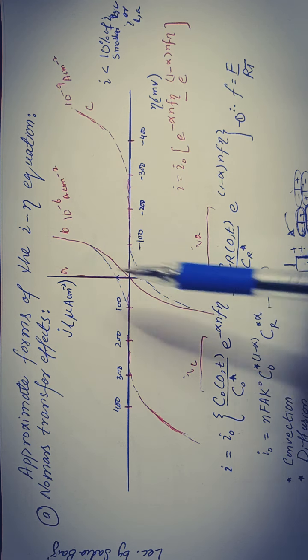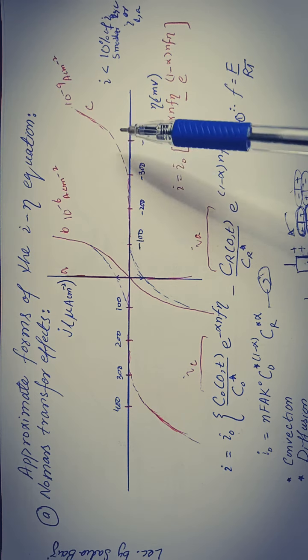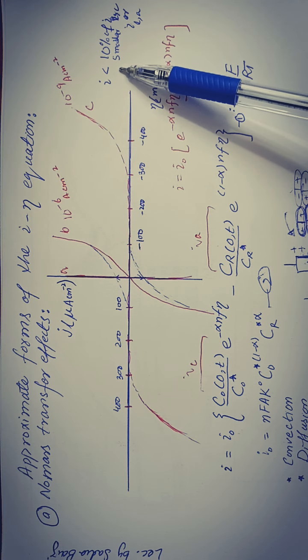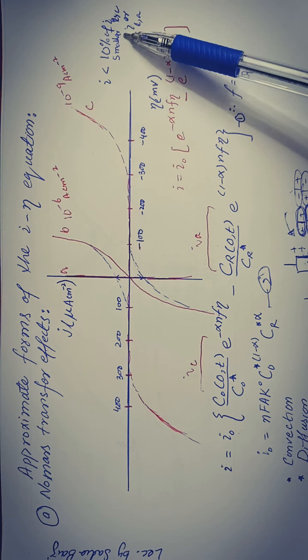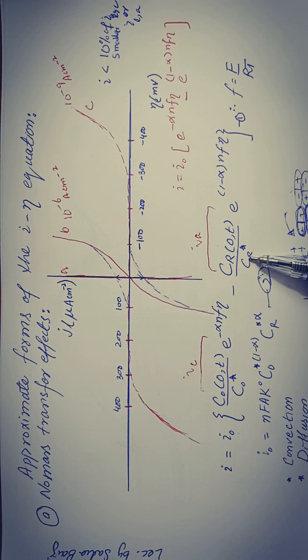So the currents shown in the red color are actually less than 10% contribution of the total cathodic or anodic components of this current over potential equation.